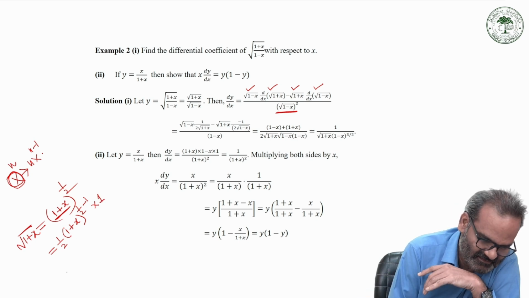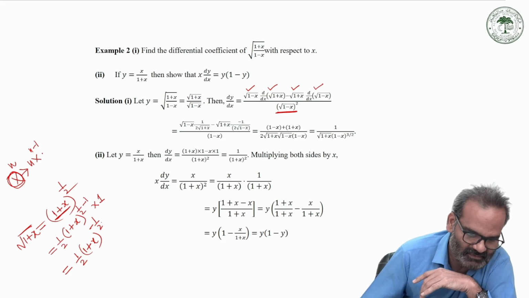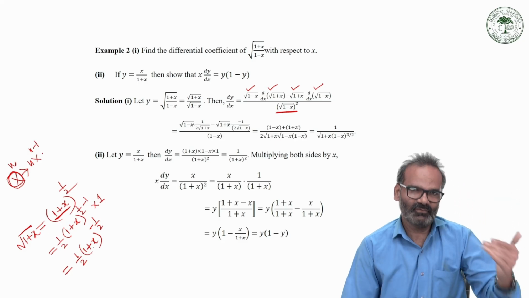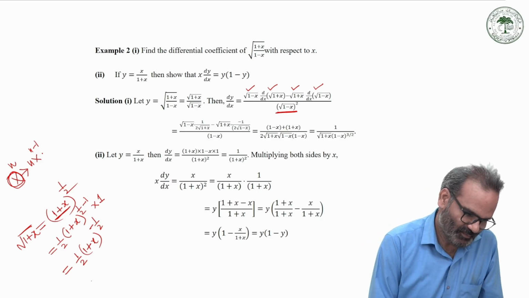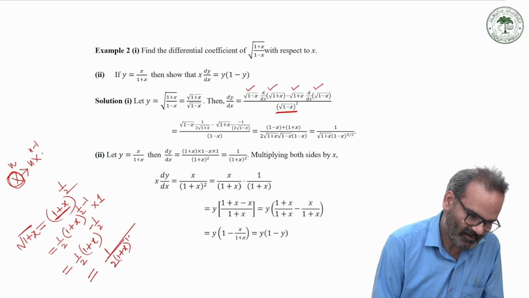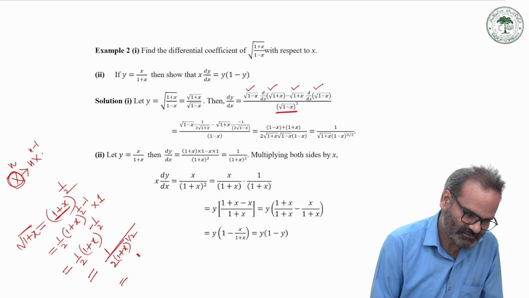So what is left here? This is equal to 1 upon 2, (1 plus x) raised to the power minus 1 upon 2. You can transform it to the denominator. We can write it as 1 upon 2 (1 plus x) power 1 upon 2, and this is equal to 1 upon 2 root 1 plus x.